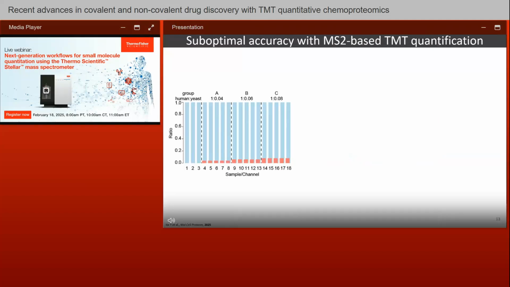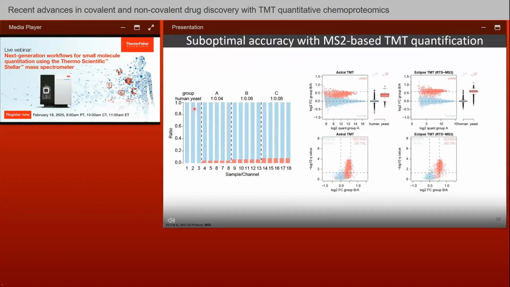Another challenge is suboptimal accuracy with MS2-based TMT quantification. We published this data in our recent paper, but basically we created a 2-proteome model by spiking in 1% or 10% of yeast into human at 1 to 1.5 and 1 to 2 ratios. The human background is always constant.